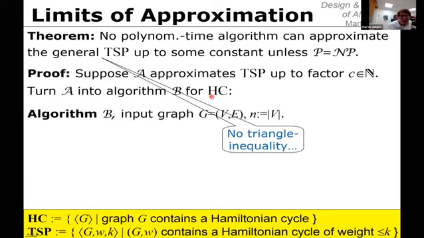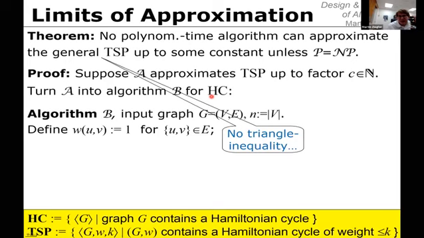The algorithm B will receive as input a graph, an instance of the Hamiltonian circuit problem with n vertices, and it will turn that graph into a graph with edge weights. So the input graph in general may not have all edges present, otherwise the Hamiltonian circuit problem is trivial, with the answer yes.